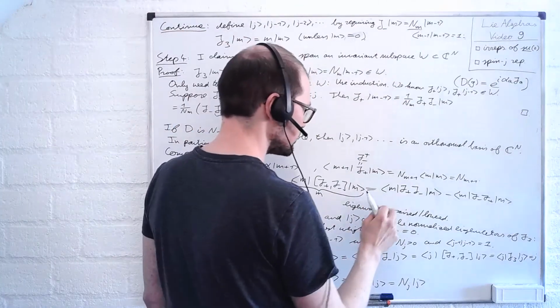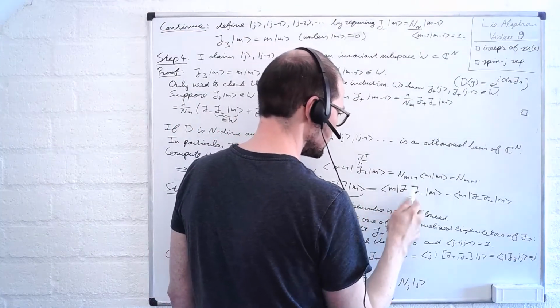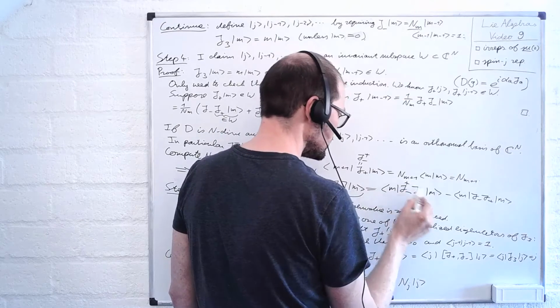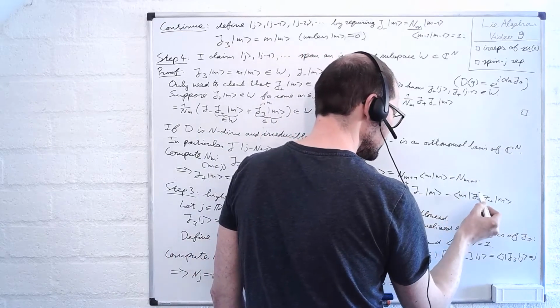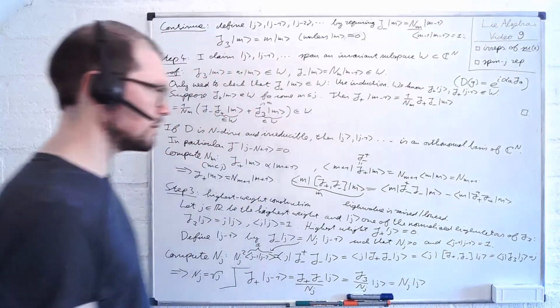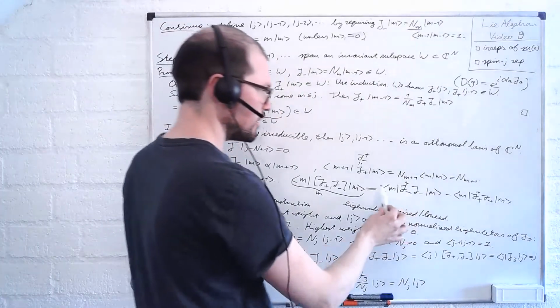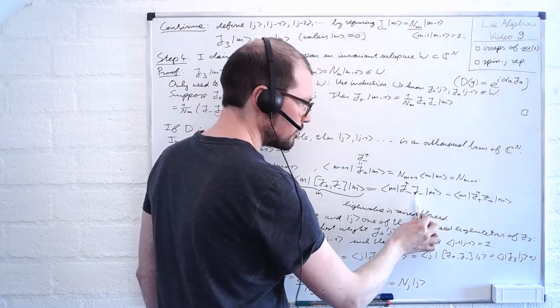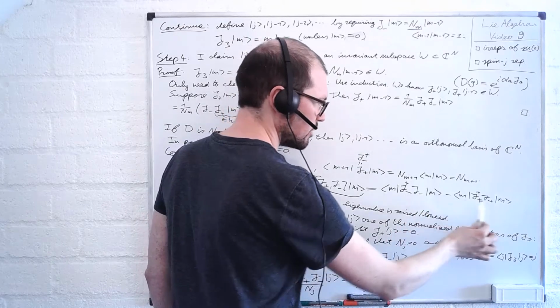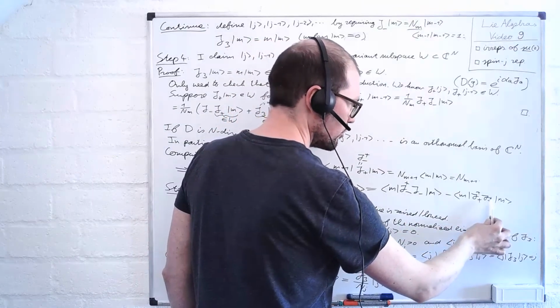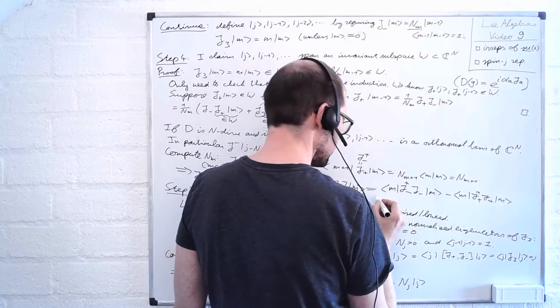But if you like, this is j minus dagger, and this is j plus dagger. So we have here the norm of j minus acting on m minus the norm of j plus acting on m.